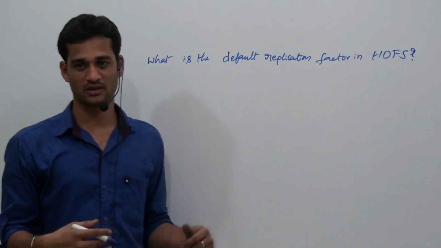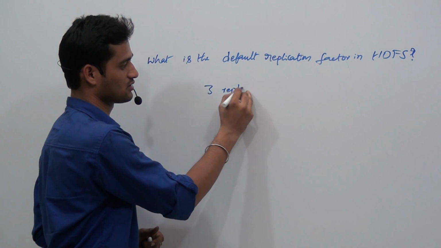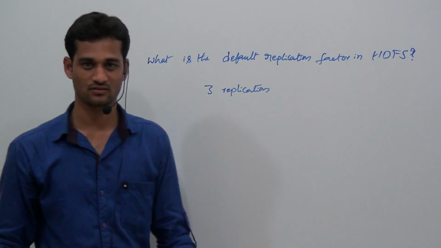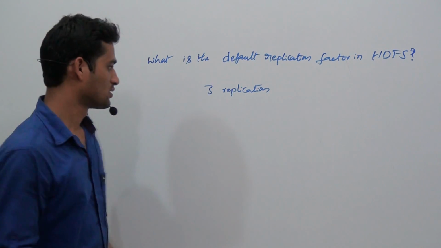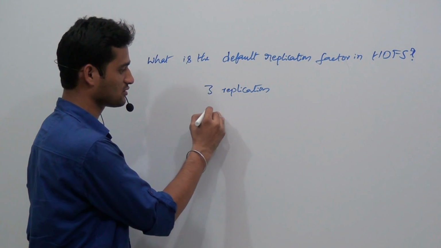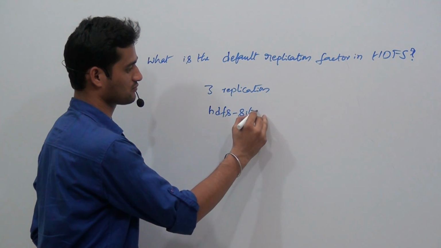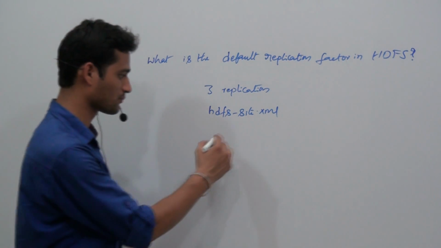The default replication factor is basically three replications we give for each and every block in different data nodes in our HDFS. So where do we set these 3 replications? Generally we set these 3 replications in HDFS-site.xml. So we give some property here.